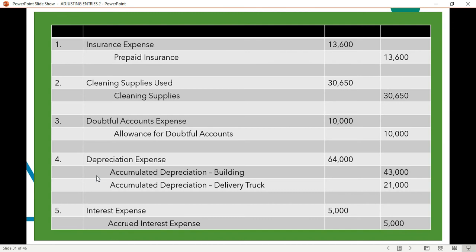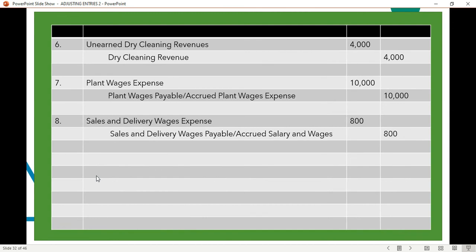Our entry is debit to plant wages expense 10,000, then credit plant wages payable or accrued plant wages expense 10,000. You may use either one. What is important is that you are consistent with the account title you use. Okay, so that's number 7.